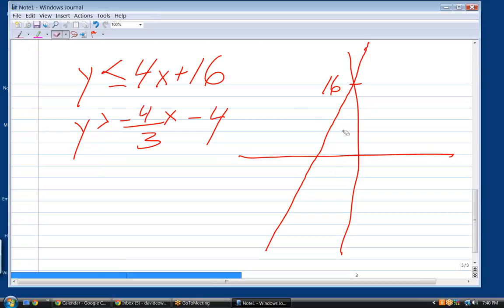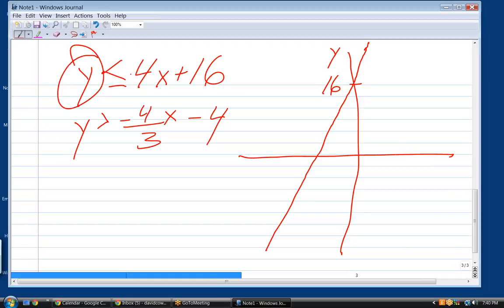Now, which side do I shade? The top? Like the right side? Yeah, the lower. You really kind of want to say the lower side, not the right side. In other words, we're going to determine which side to shade based on the y-axis. I'm only going to look at the vertical axis. That's the y-axis, okay?